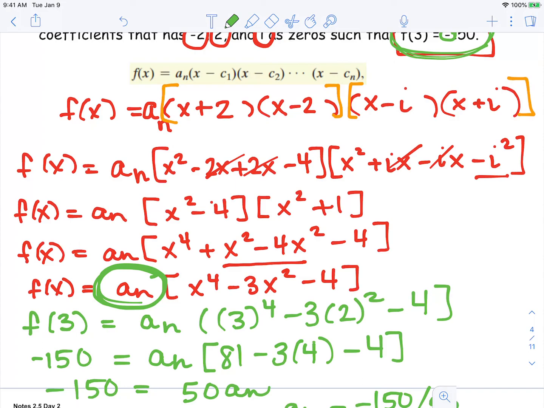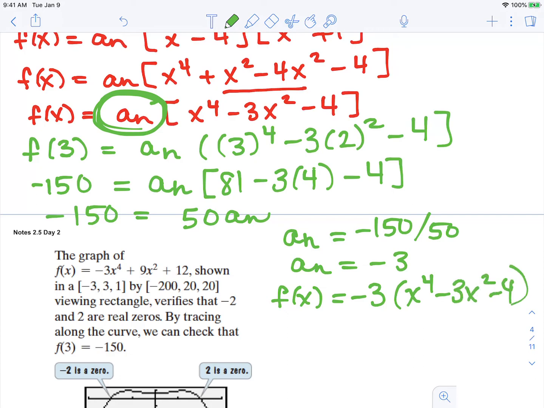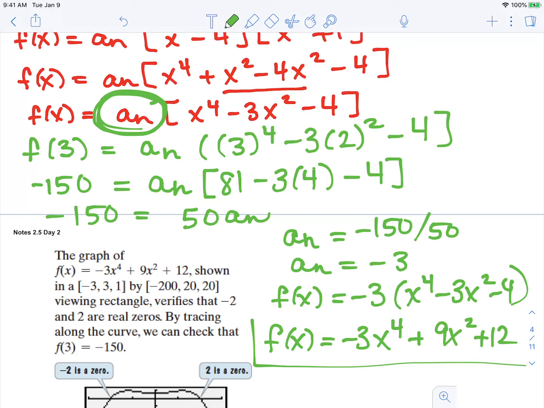That leading coefficient is negative 3. We're going to put it right there. So f of x equals negative 3 quantity x to the 4th minus 3x squared minus 4. And then you just distribute that negative 3. And there is your polynomial function that is a degree of 4.